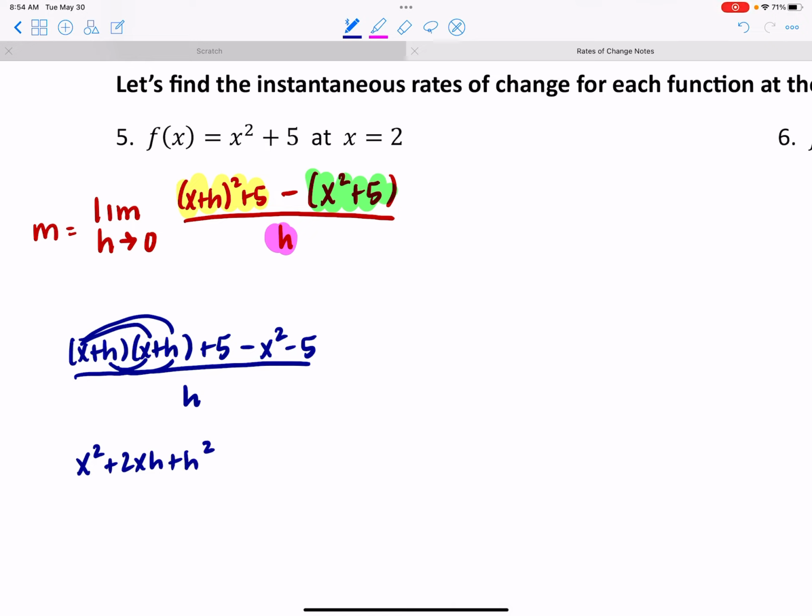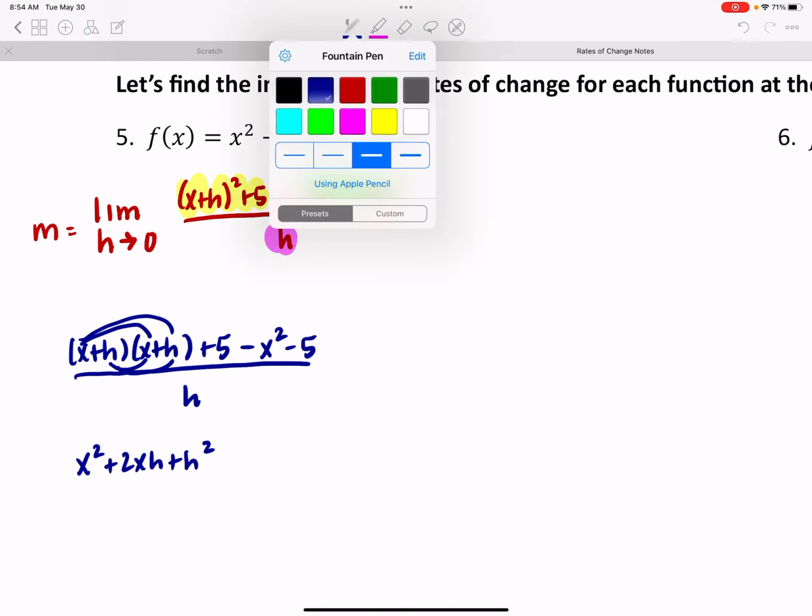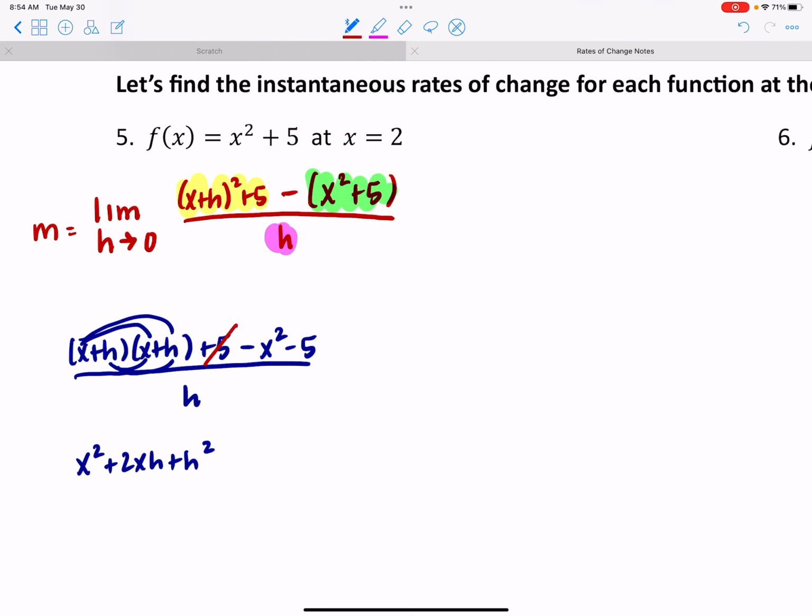And then I have this positive 5 and negative 5 that are going to cancel. And then I have a minus x squared. Well, let me just bring it all down. A plus 5, a minus x squared, a minus 5. And again, this is all divided by h.